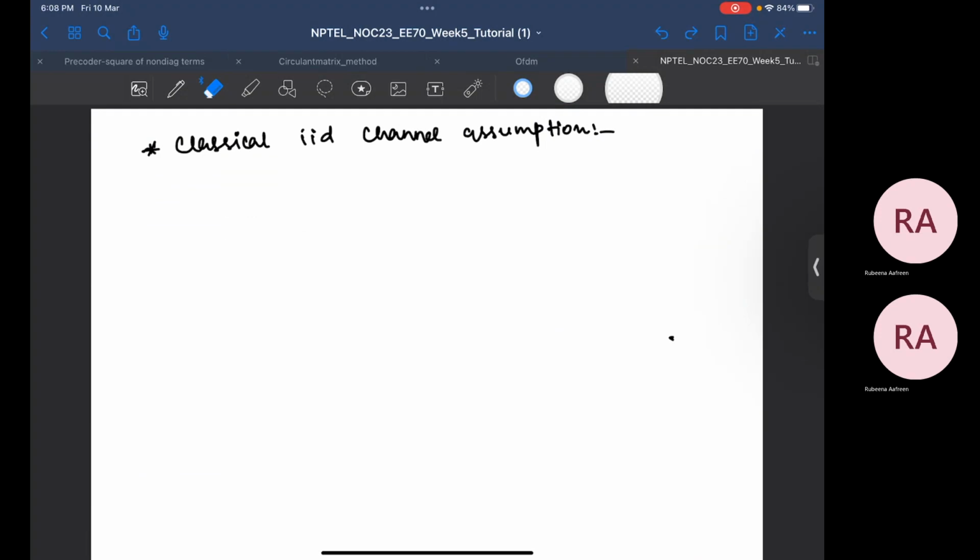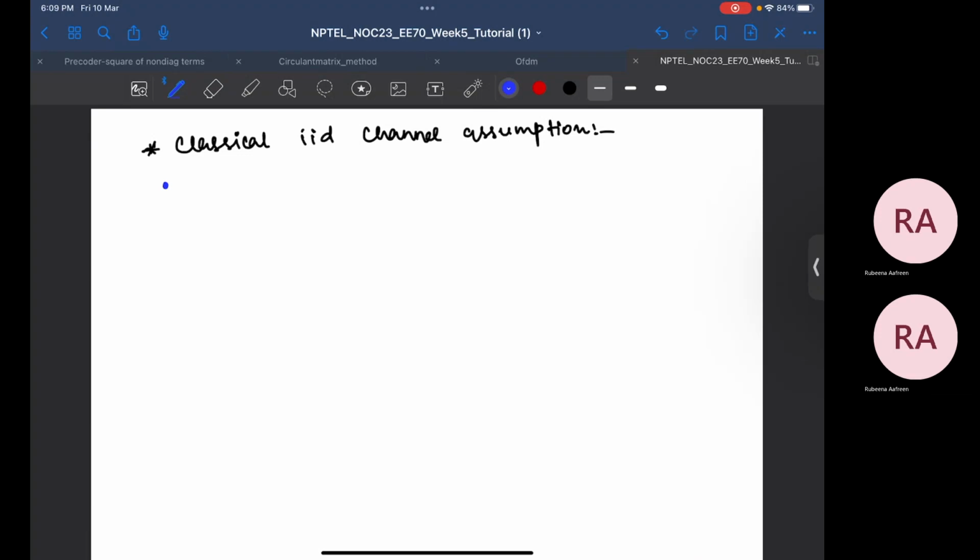So now we are moving on to wireless communication. Firstly, we will see what the assumptions of a classical IID channel are. In any communication system, from now onwards, we are assuming some assumptions about this classical IID channel.